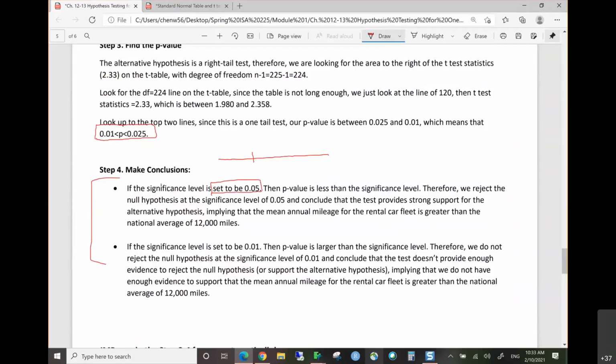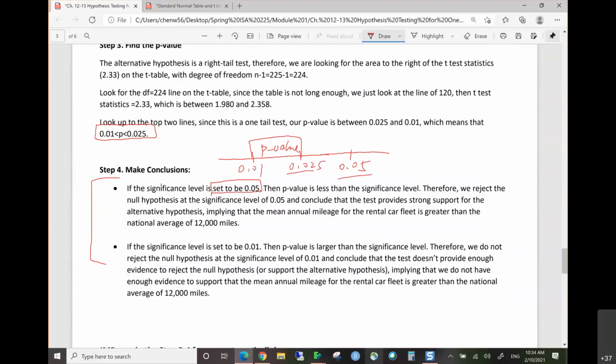You say the p-value range is from 0.01 to 0.025. So this is the range of your p-value. What is your significance level alpha? 0.05. Here is 0.02, 0.05 will be here.